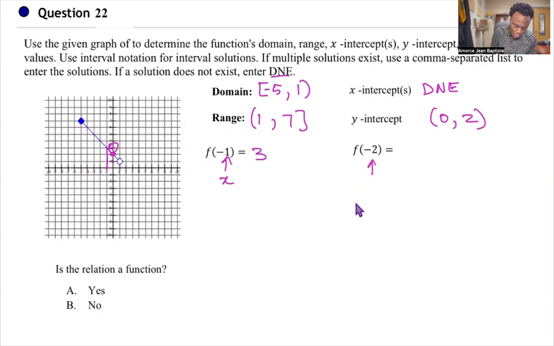And what is f of -2? When x equals -2, let me find y. When x equals -2, y is this. Let me count. The numbers are small. I'm going to just count this from here. So that's 1, 2, 3, 4. So that's 4.